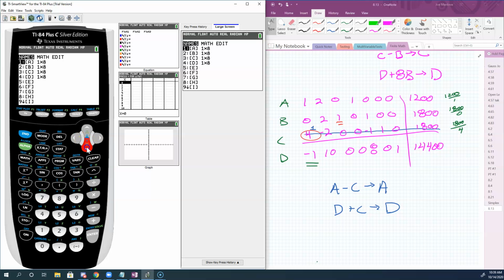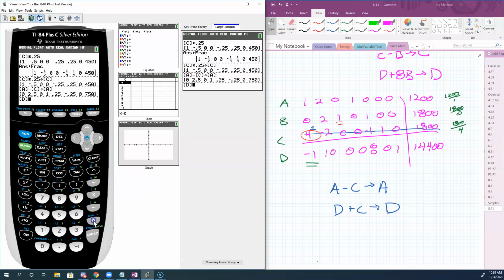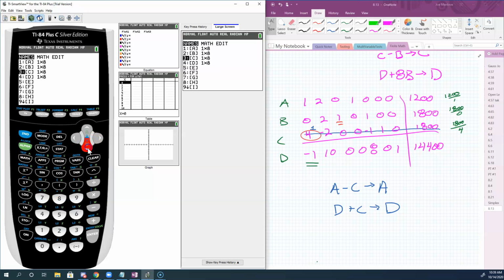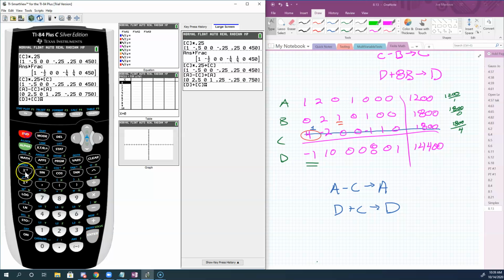So we're going to go here, grab matrix D, add C, and dang it, stop that. Stop that. And then we're going to store.